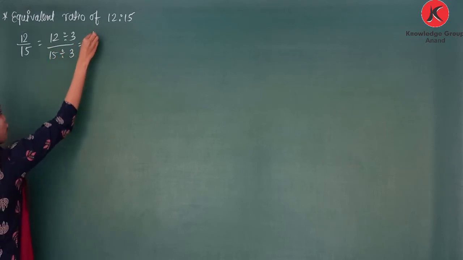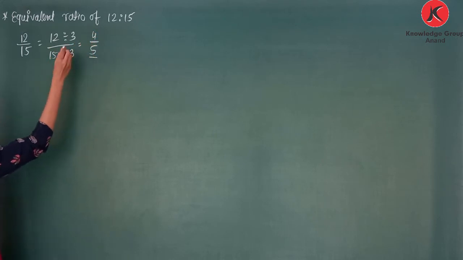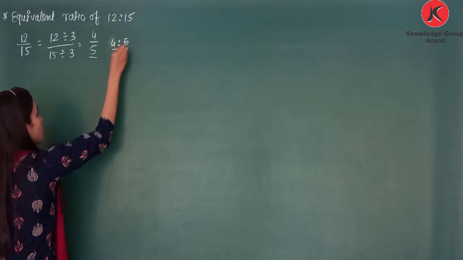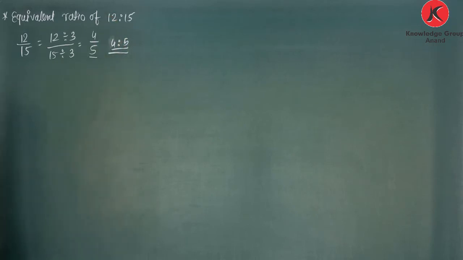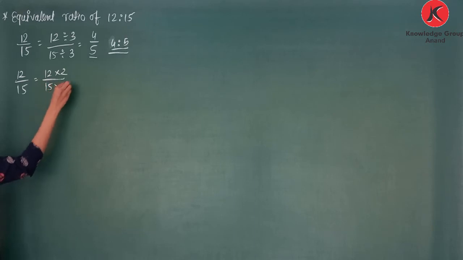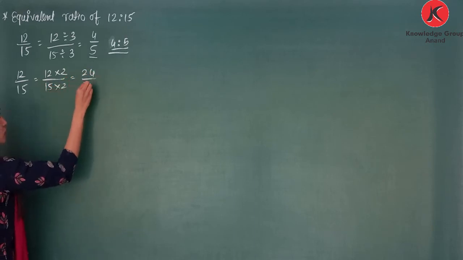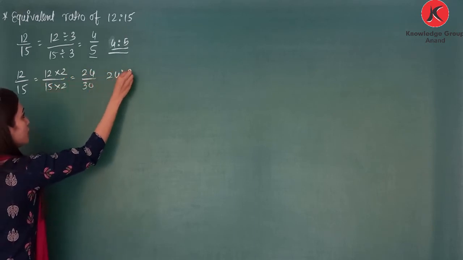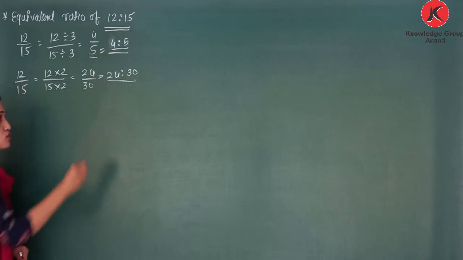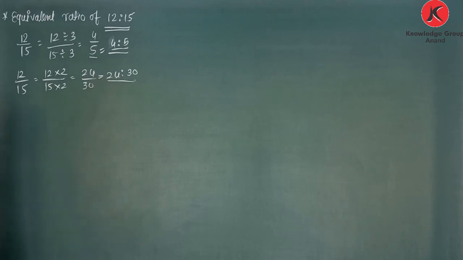So 4 by 5 is the equivalent ratio of 12:15. Similarly, you can get an equivalent ratio by multiplying with 2. So it is 24 by 30. So 24:30 is an equivalent ratio of 12:15. So these three ratios are equivalent.